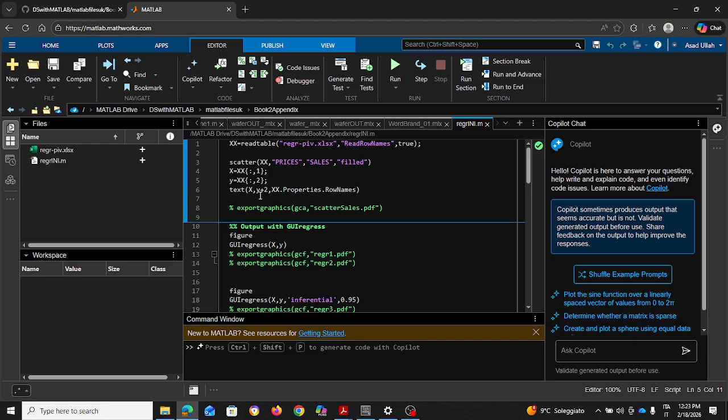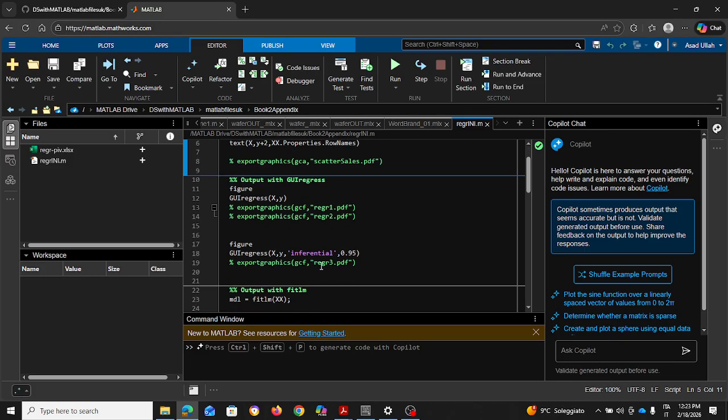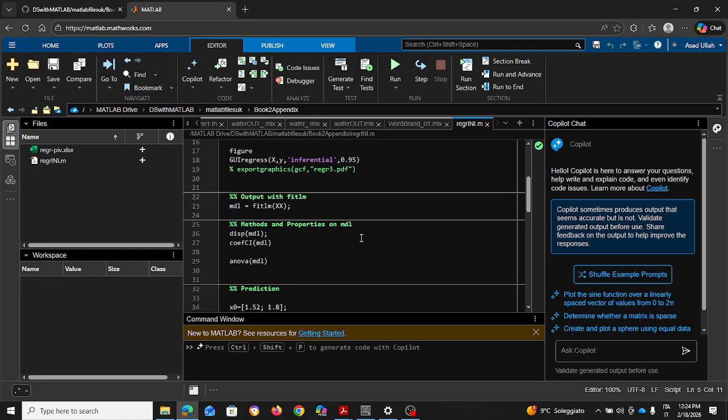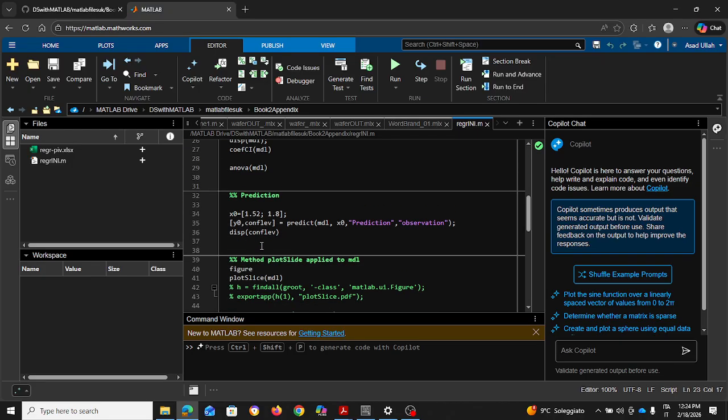First you make a scatter plot of this, and then, to know with a 95% confidence interval, you just need this function and you will get the output. Then we saw MDL, which fits the line, and we put our data. We display it for the confidence interval. We use the same data.